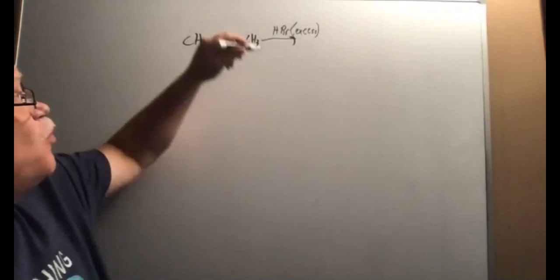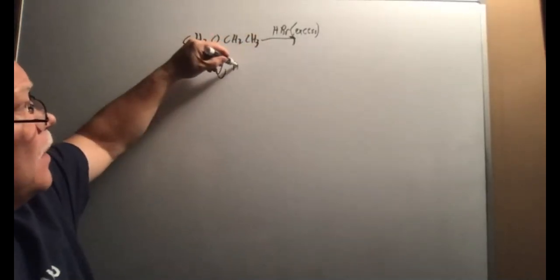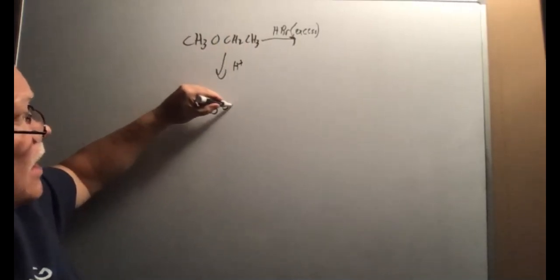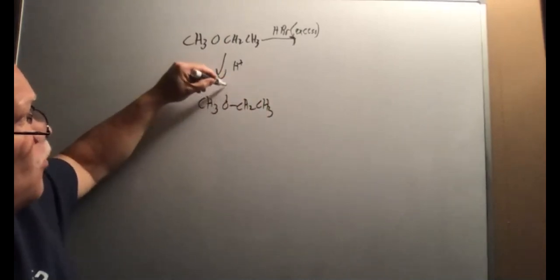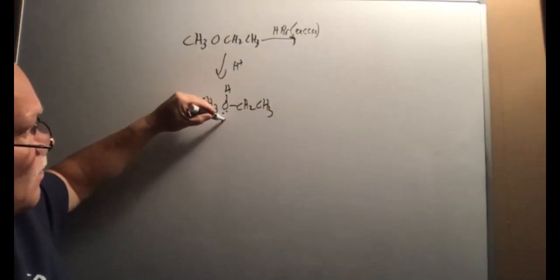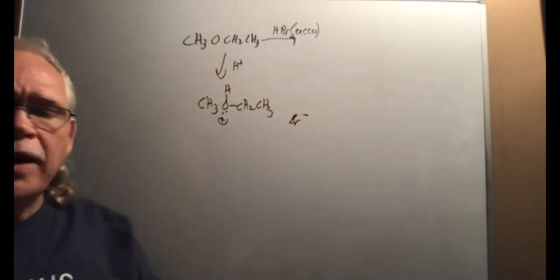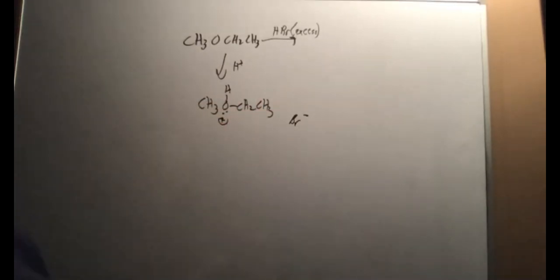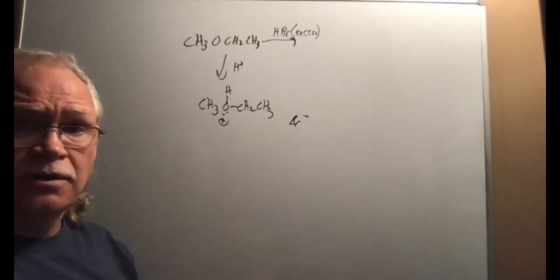So what's step 1? What's going to happen? It's going to protonate it. Now listen carefully to the next statement. So we've protonated the oxygen. Where is the bromine going to attack first? This carbon or this carbon, and why? Remember, this step is an SN2 reaction.